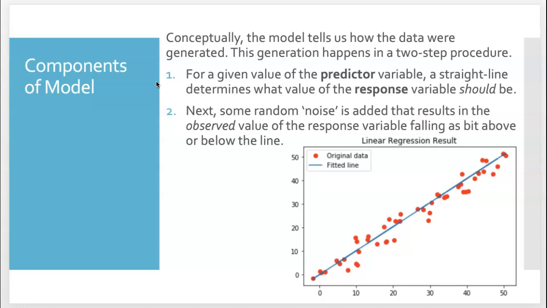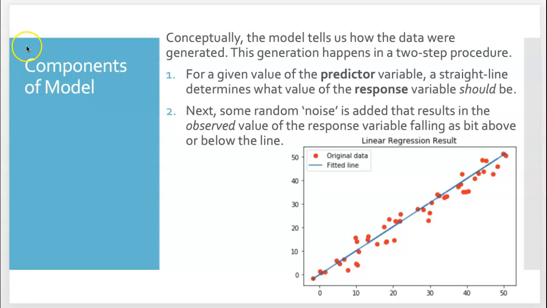Okay, not the exact red dot. Okay, so that's kind of what the blue line is, right? Our fitted regression line tells you for a given predictor variable, this is what the response should be, right? For a given carat weight, this is how much the diamond should cost, right?